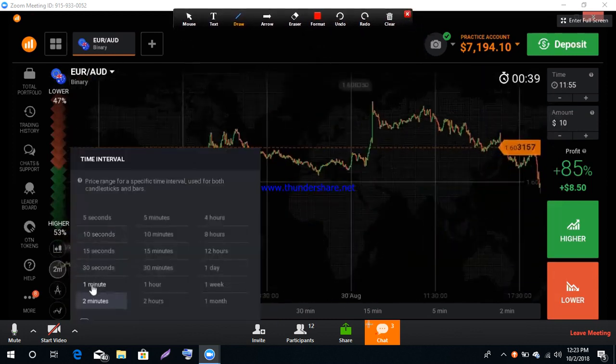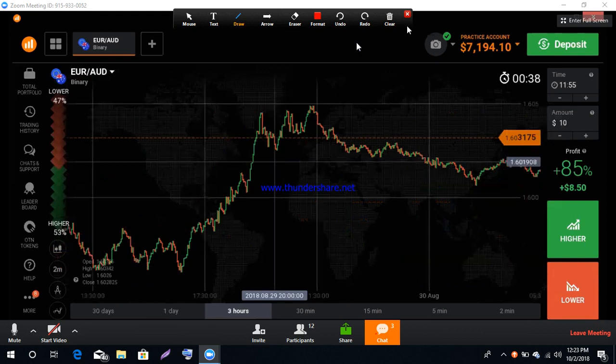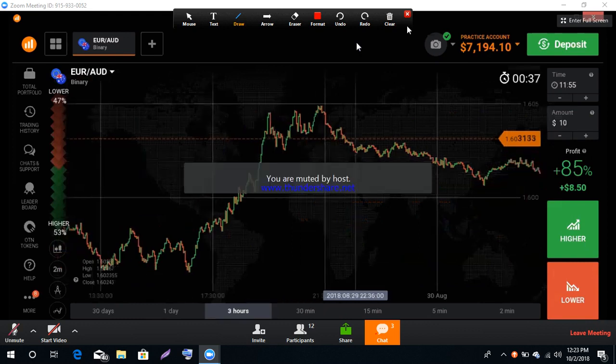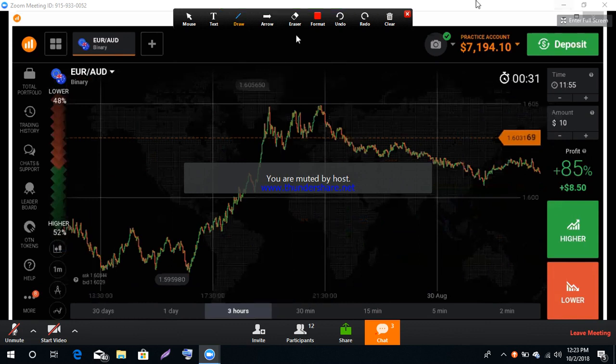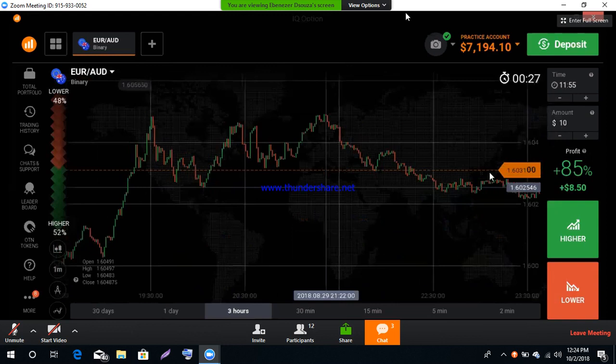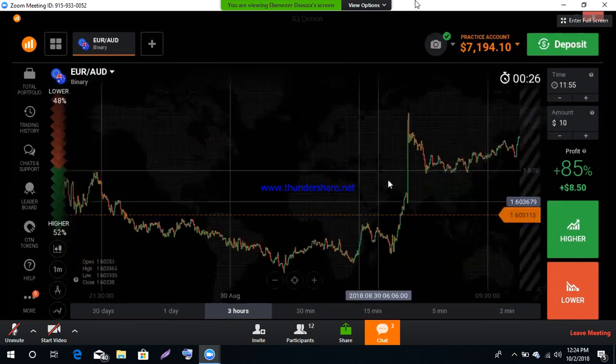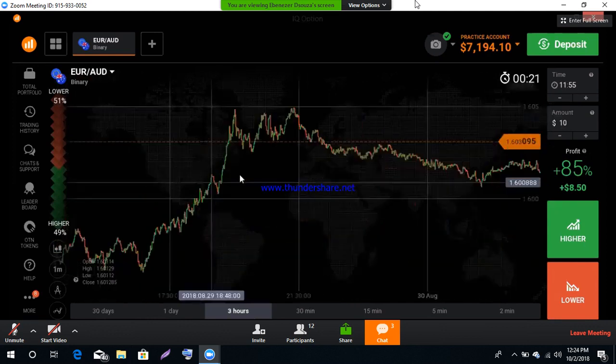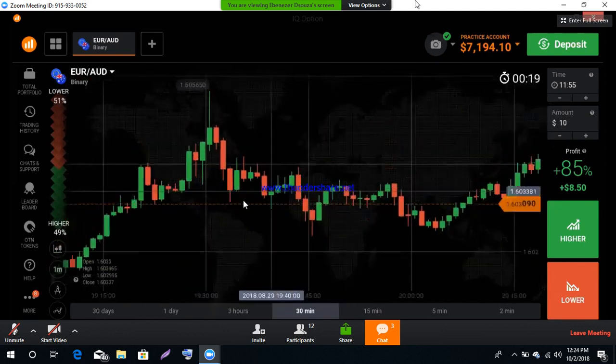The price bar is touching this level, and here also it is touching. We can find the strong level if we draw the level here.